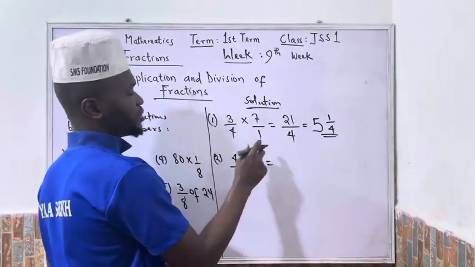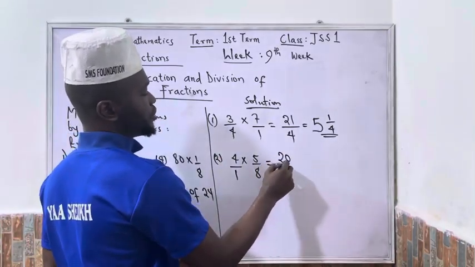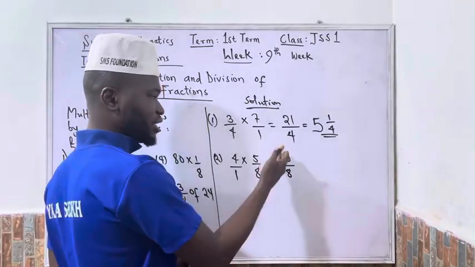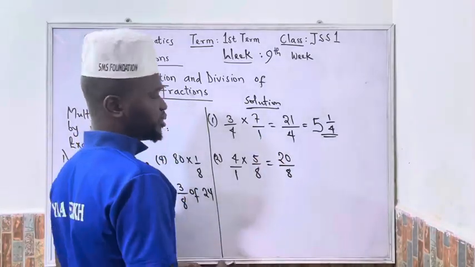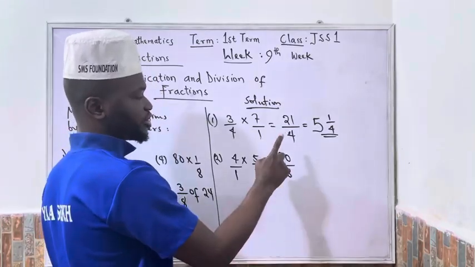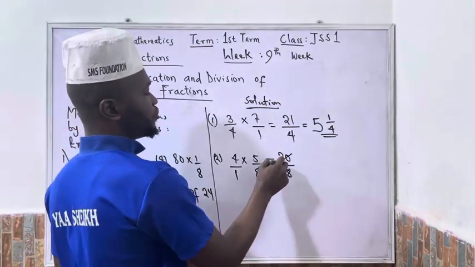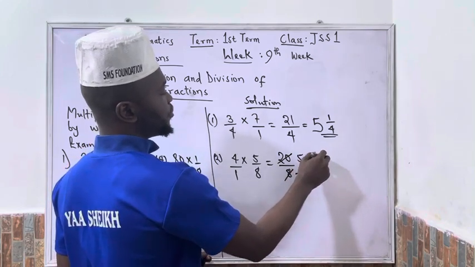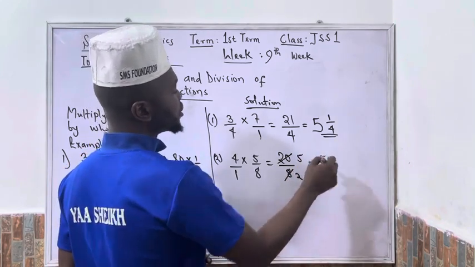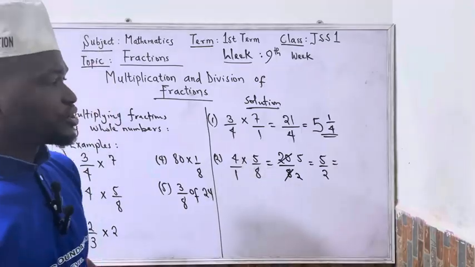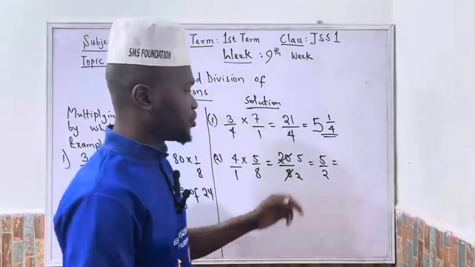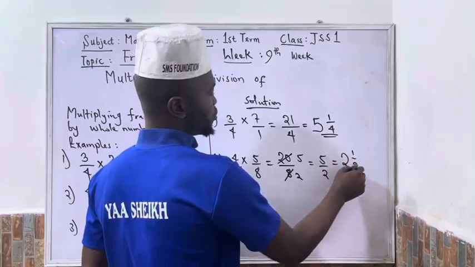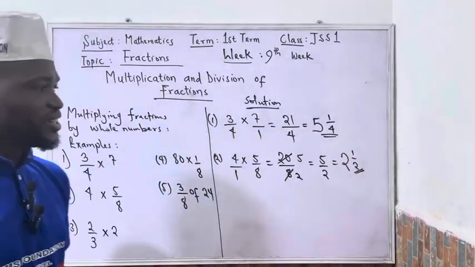So I will just do 4 times 5, that will give me 20, divided by 1 times 8, that will give me 8. Now 20 over 8 can simply be reduced. Of course, 4 can divide here, 4 can also divide here. 4 here, 5, 4 here, 2. So I will have 5 over 2, which can be written in mixed fraction. How many 2 in 5? That is 2 whole number, 1 over 2. It's as simple as that.